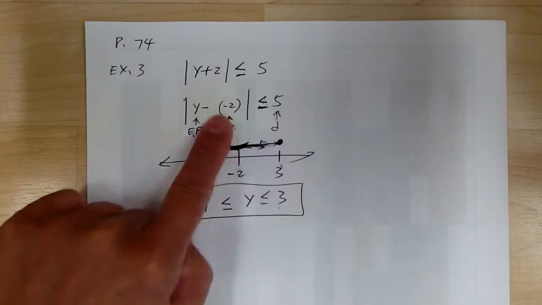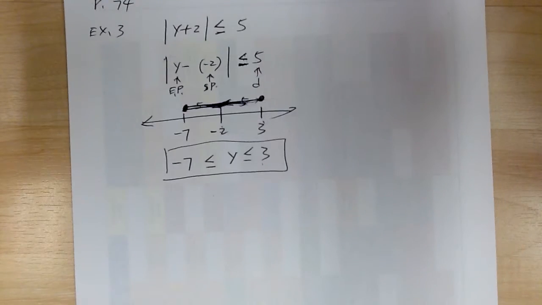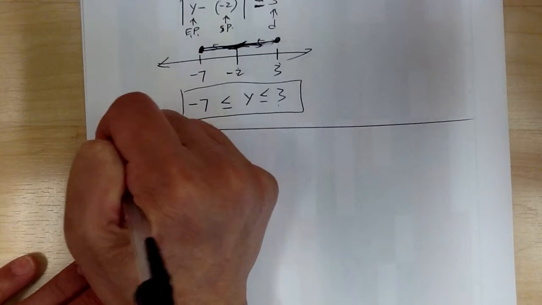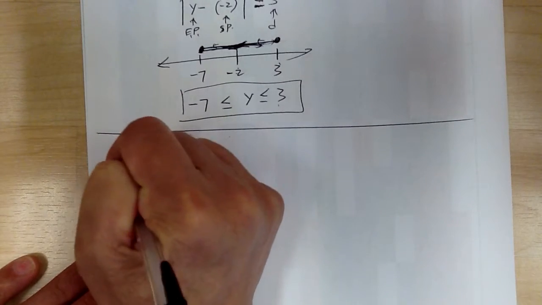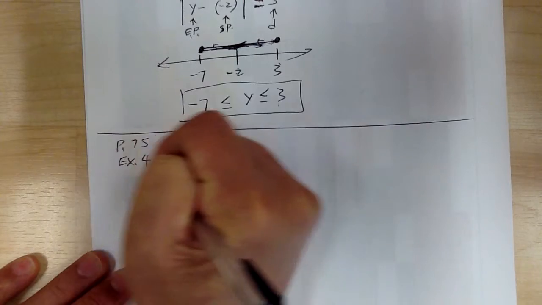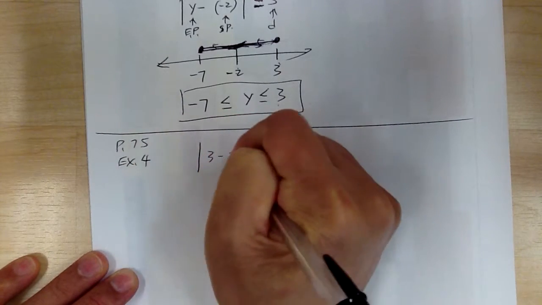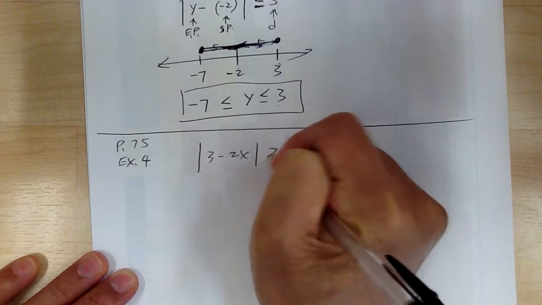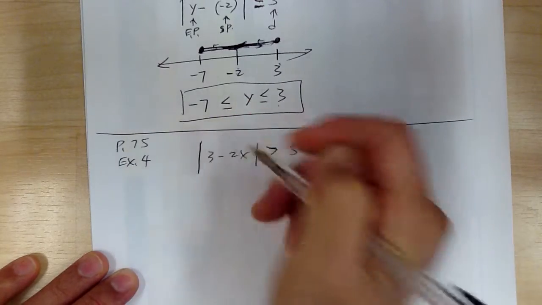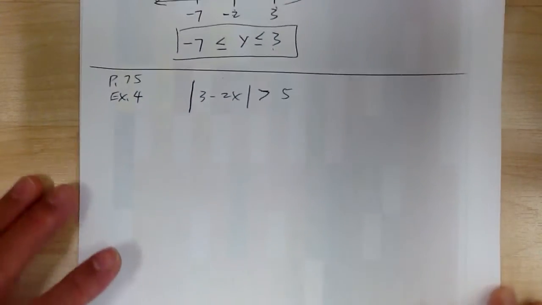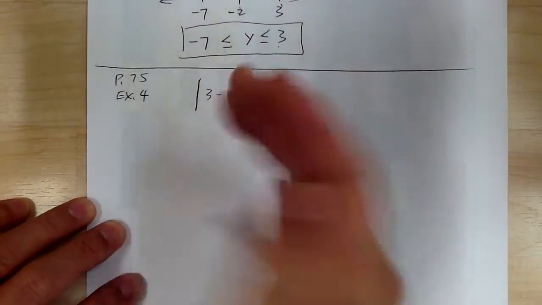So just follow that. Okay, let's go to example 4. You have 3 minus absolute value of 2x is greater than or equal to 5. Again, we need to put this in the correct format. So first, let's switch the terms.